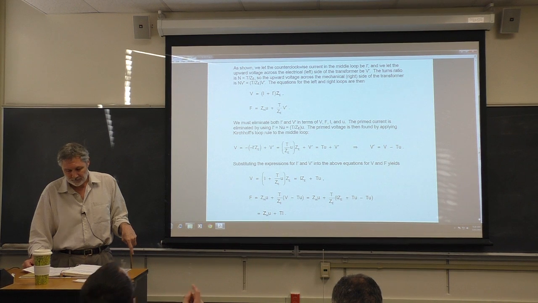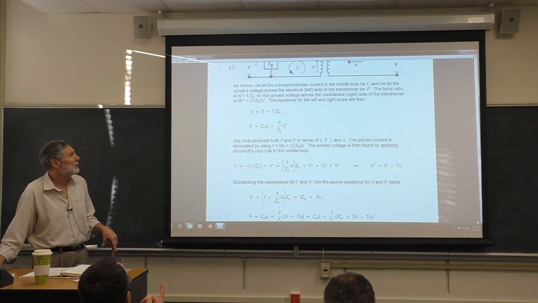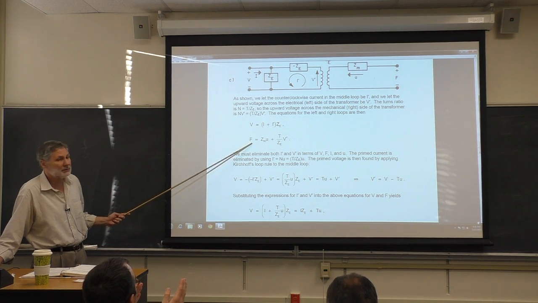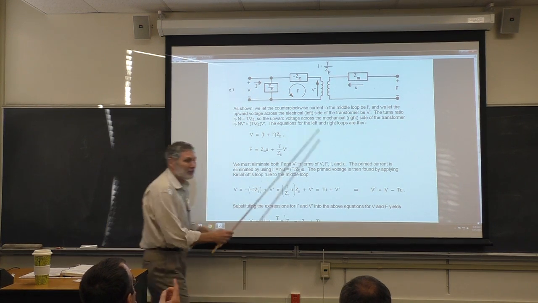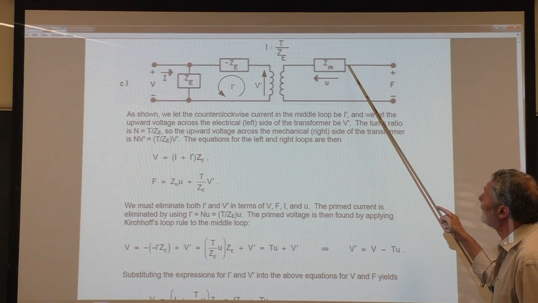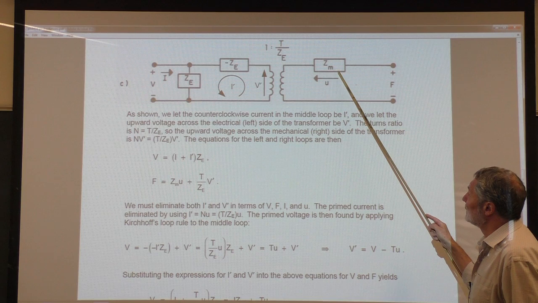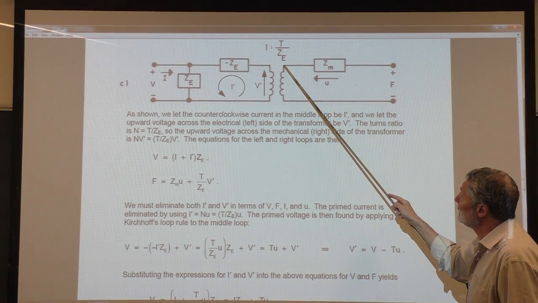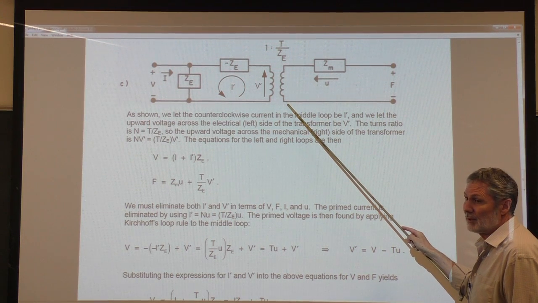Questions? I'm having a hard time seeing how you got the force loop. This one? Okay, so again, we think of it electrically. This voltage has to be balanced by the drop here. The drop is just the impedance times the current. And then we've got to look at the drop here.